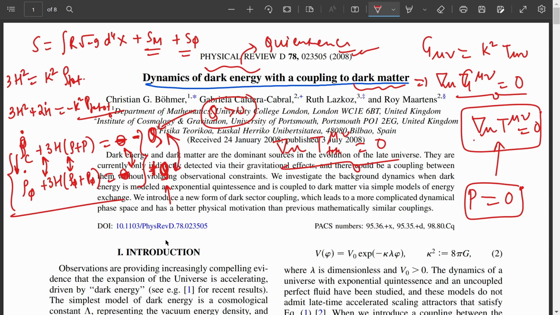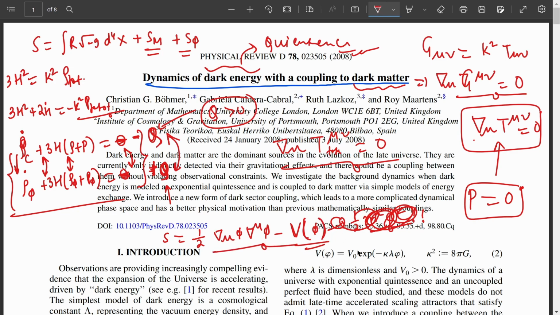We have already talked about that, but this del mu phi minus V phi, and this V phi comes out of something like half m square phi square, and we can model it. So this is a kind of quintessence, and if this is not the case, we can always change the potential. So this is the quintessence action, and this action corresponds to S phi.